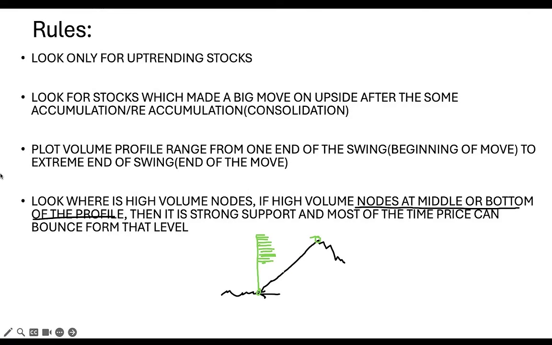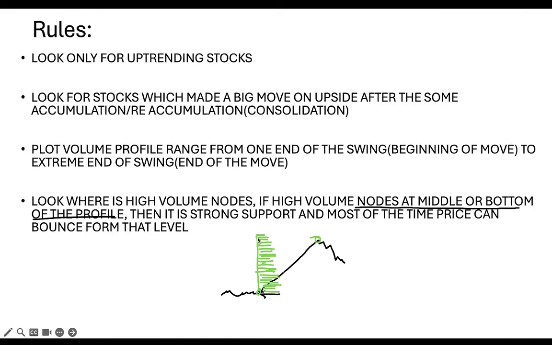And what I said, you should look for the highest volume node either in the middle, somewhere like this, or sometimes you may see the highest volume node at the bottom, somewhere here you may see the highest volume bar. That means big players have added their long position somewhere here. So if price comes back to that level, chances are this is where price might take support.